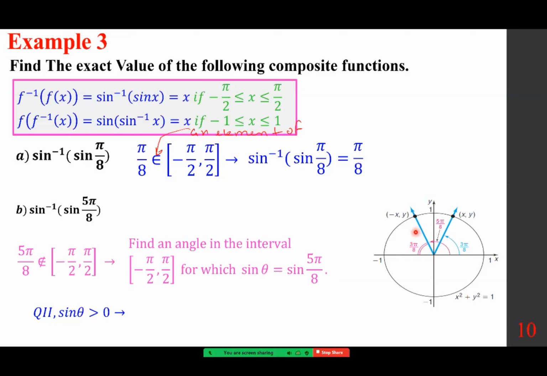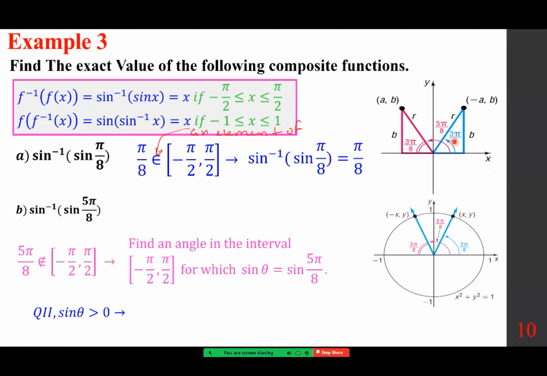And because that's the arc, the sine has the same value, or any other trigonometric function, you just pay attention to the sign. The sine has a positive sign, but for example, if it were cosine, it would be negative. So this is the same as sine of 3 pi over 8.